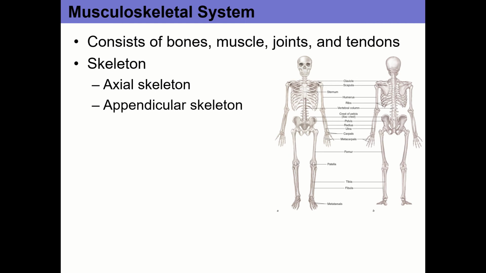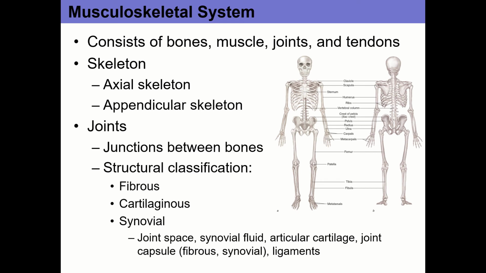So it starts in the upper body with clavicle, scapula, humerus, and then everything distal to that. In the lower body, the appendicular skeleton starts with the pelvis, so the right or left innominate bones, and then the femur, and then everything distal to that. So the appendicular skeleton deals with all the bones related to the arms and the legs.